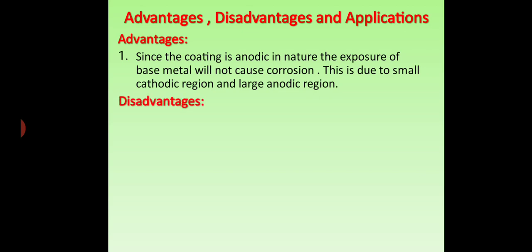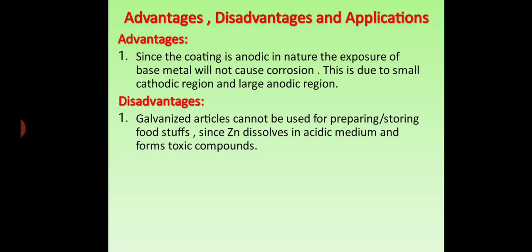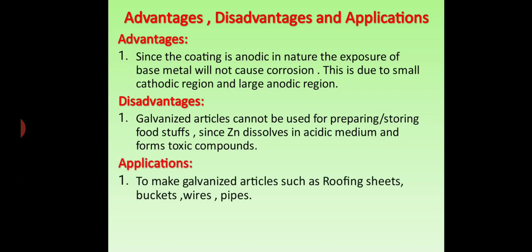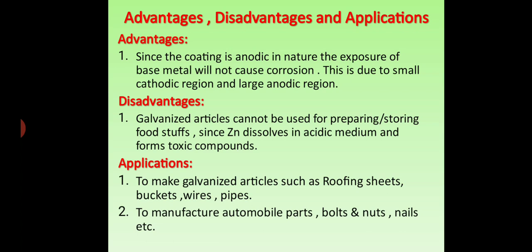Disadvantages: galvanized articles cannot be used for preparing or storing foodstuffs, since zinc dissolves in acidic medium and forms toxic compounds. Applications: to make galvanized articles such as roofing sheets, buckets, wires, pipes, etc. To manufacture automobile parts, bolts and nuts, nails, etc.